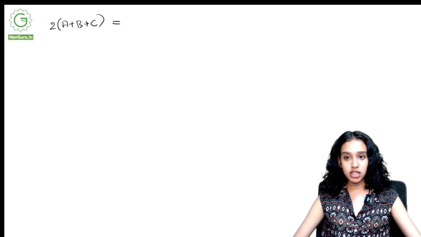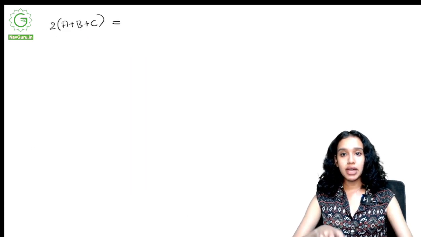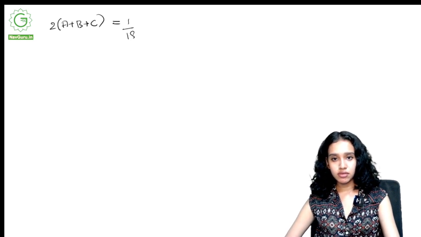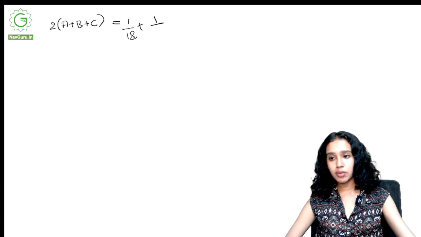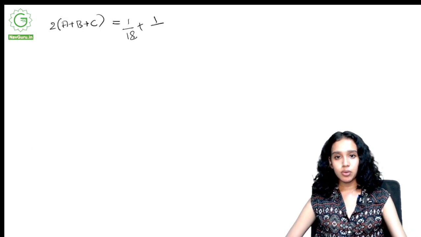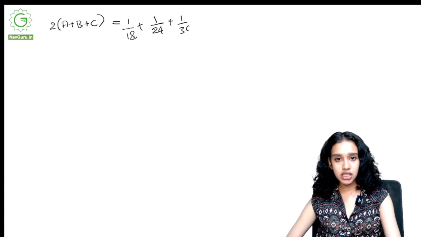I'm taking 2 as common, so we get 2 into A plus B plus C is equal to 1 by 18 plus 1 by 24 plus 1 by 36.